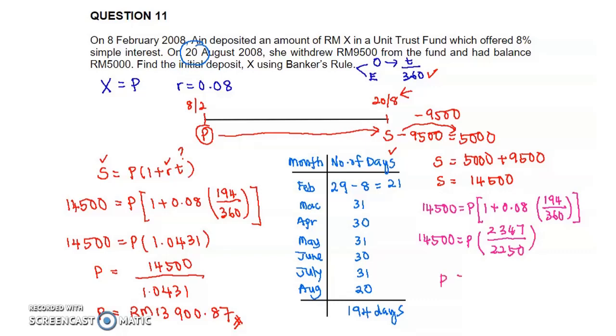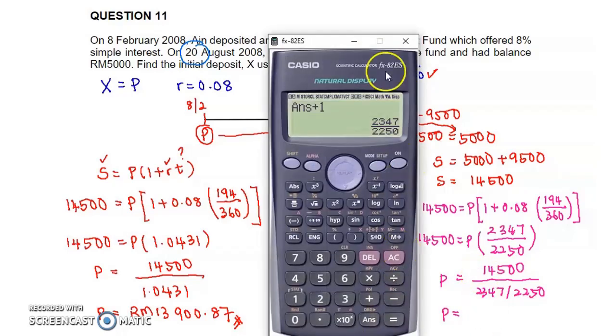So P will be equal to 14,500 divided by 2347 divided by 2250. P equal to 14,500 divided by answer. So answer here referring to previous answer in your calculator, which is 2347 divided by 2250.